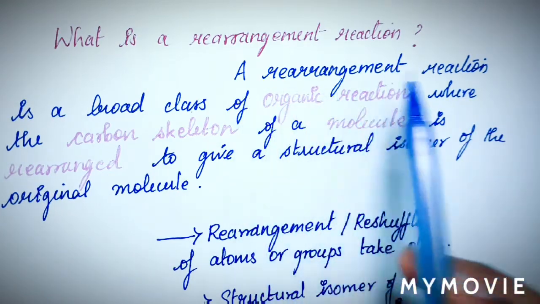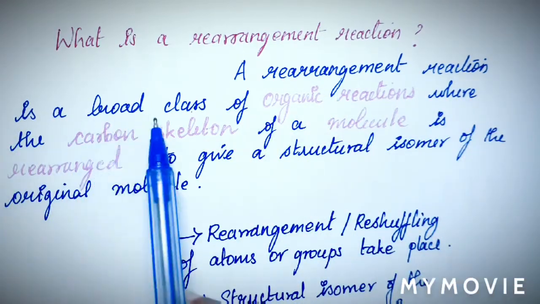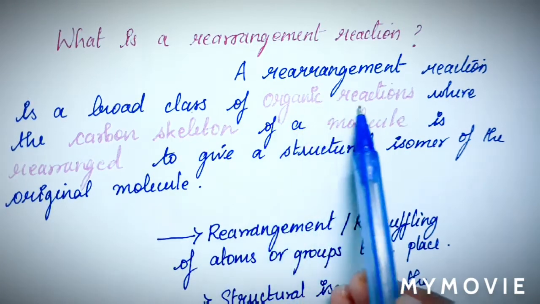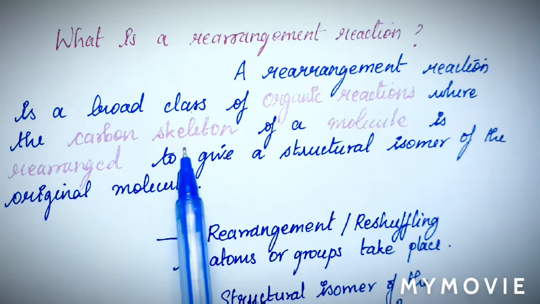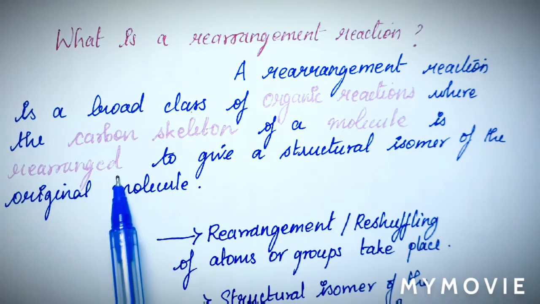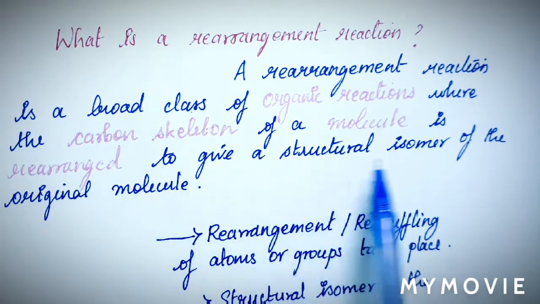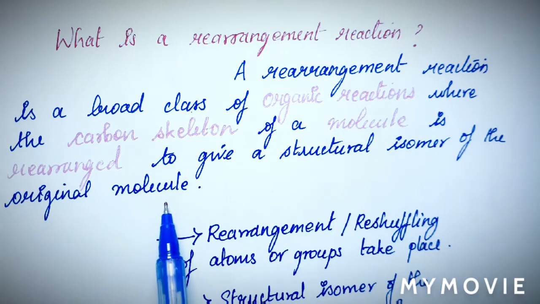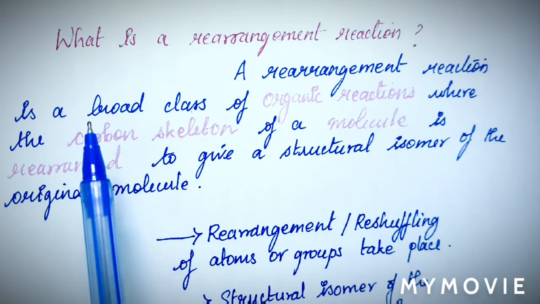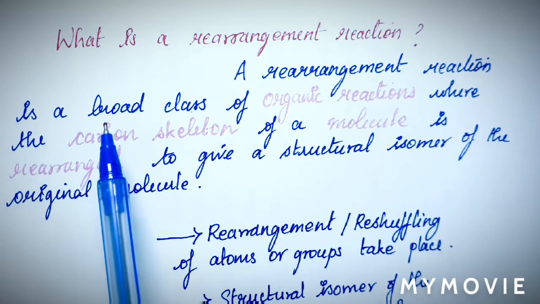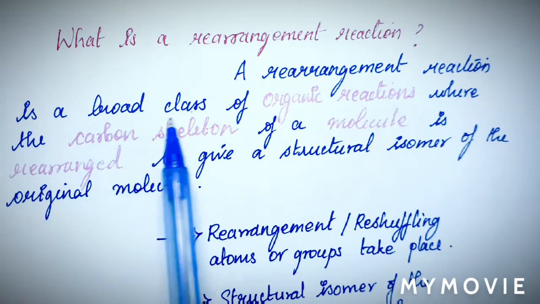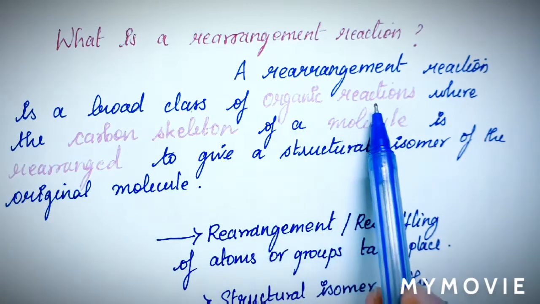A rearrangement reaction is a broad class of organic reactions where the carbon skeleton of the molecule is rearranged to give a structural isomer of the original molecule. From this definition, we see that a rearrangement reaction is not just one reaction, but a broad class of many organic reactions.